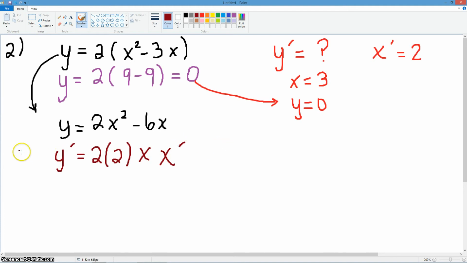Now we have minus 6 x prime. So if we clean this up, this gives us 4x x prime minus 6 x prime.